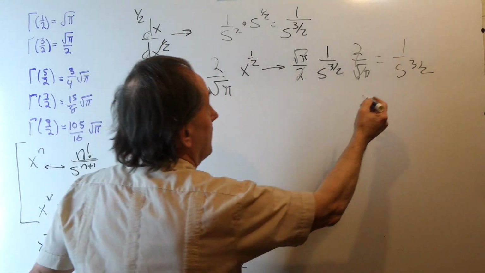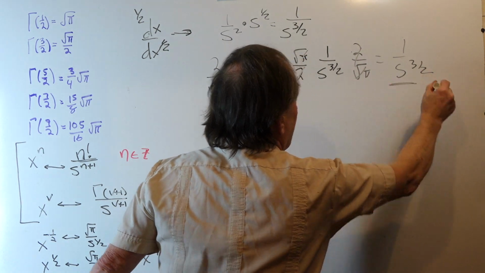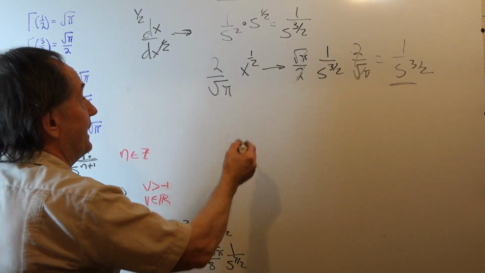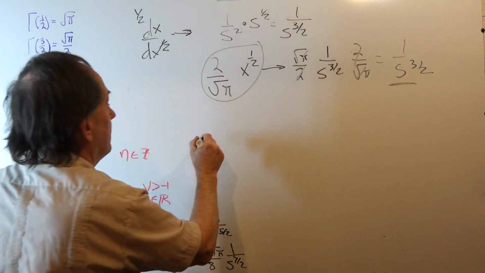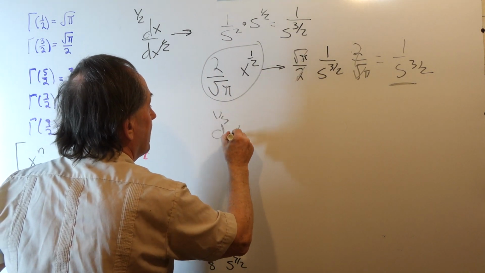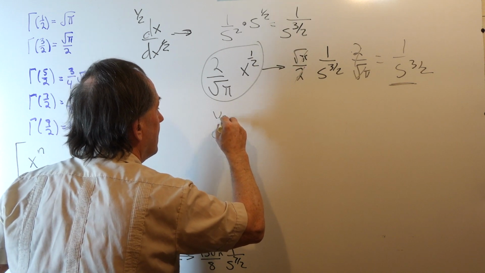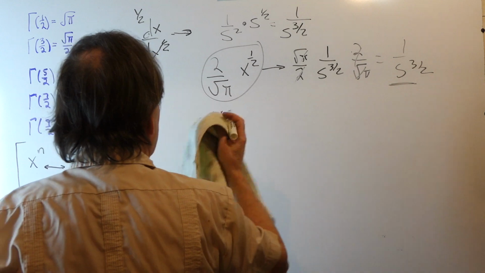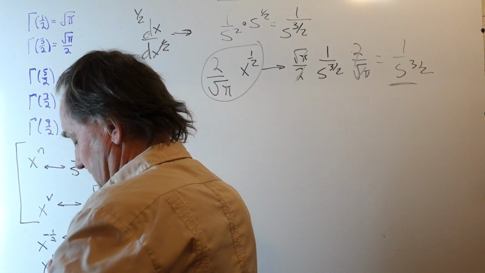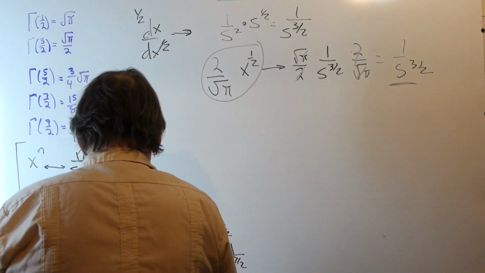All right, well, this is the value of the function in the frequency domain. In the time domain, that is our function. So, the 1/2 derivative of x, what a mess. I'm afraid my pen is going on me.